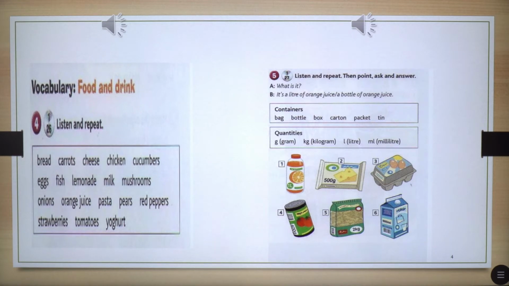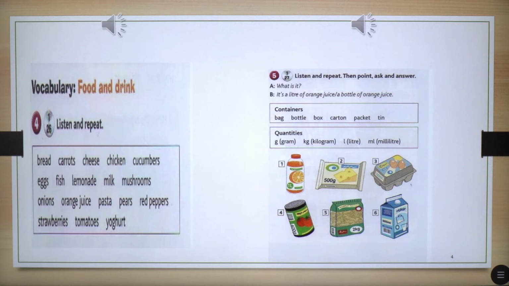The fifth one, we can see rice, I think, or macaroni. How do we call this kind of container? It's a bag. Okay, it's a bag. How much macaroni do we have in it? So we can see 2 kilograms. Yeah, 2 kilograms.